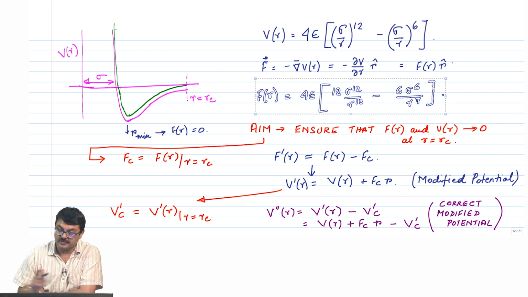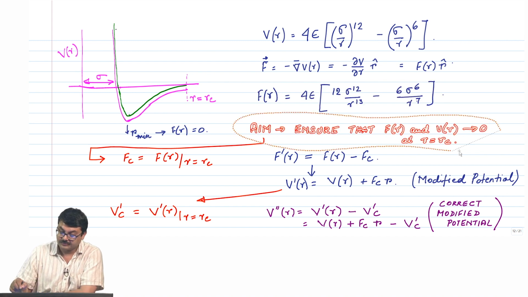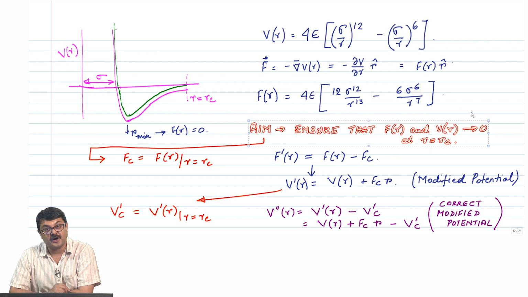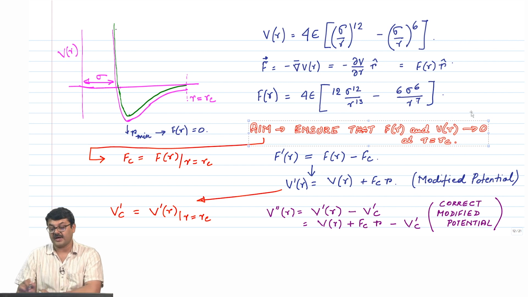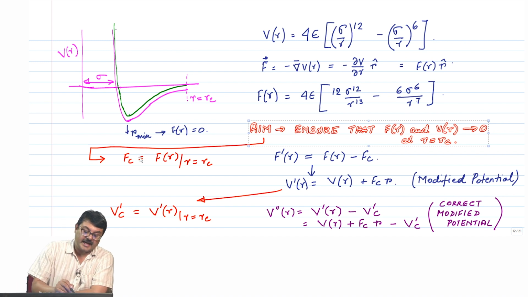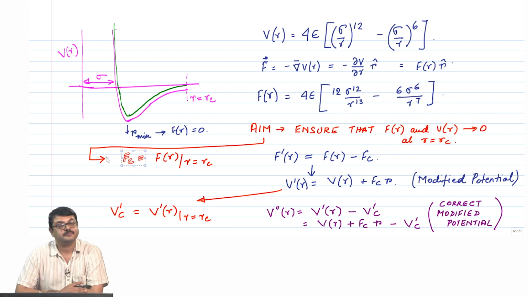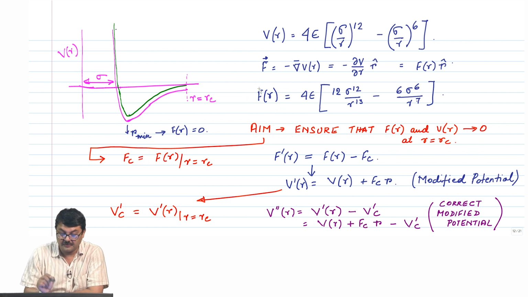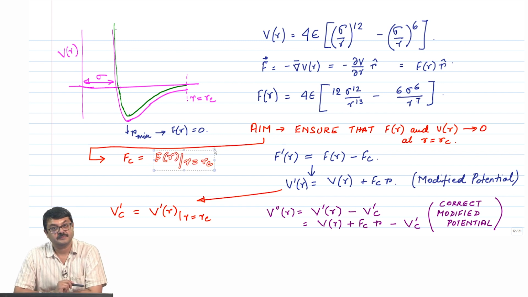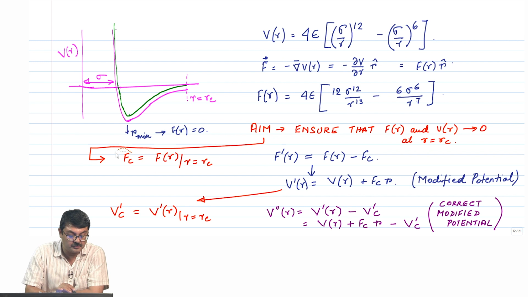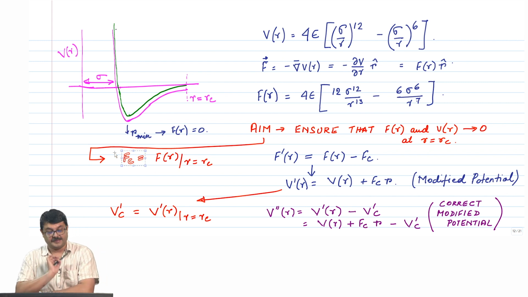So, how does one do that? This is our aim, to ensure that both f of r and V of r go smoothly to 0 at r equal to r c. The way one does it is to calculate f c, which is the value of f of r at r equal to r c.